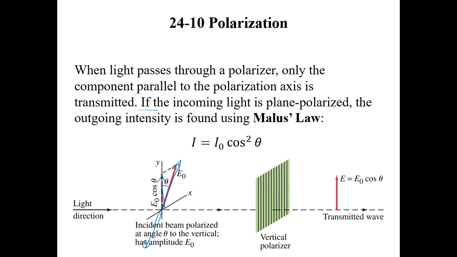But if the incoming light is already polarized, then you can find the new intensity following Malus' law, which states that its new intensity is going to be whatever the initial intensity was of the previously polarized light times the cosine squared of the angle between the polarized light and the filter. So in this case, your polarized light had an angle that looked like this. You have a vertical filter, and so that would be your angle theta right there.